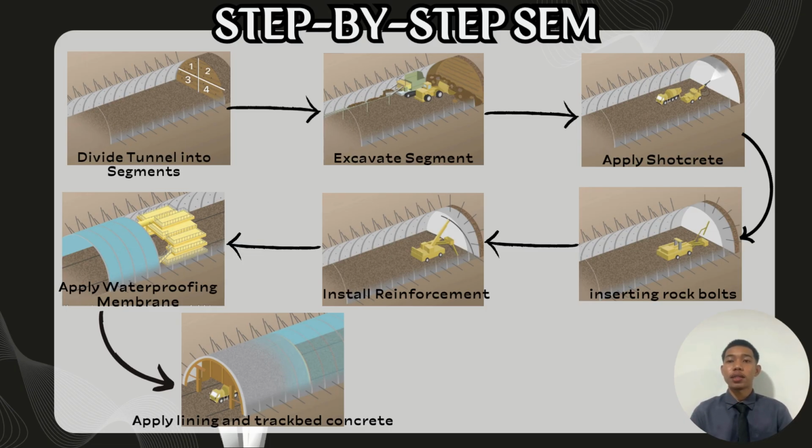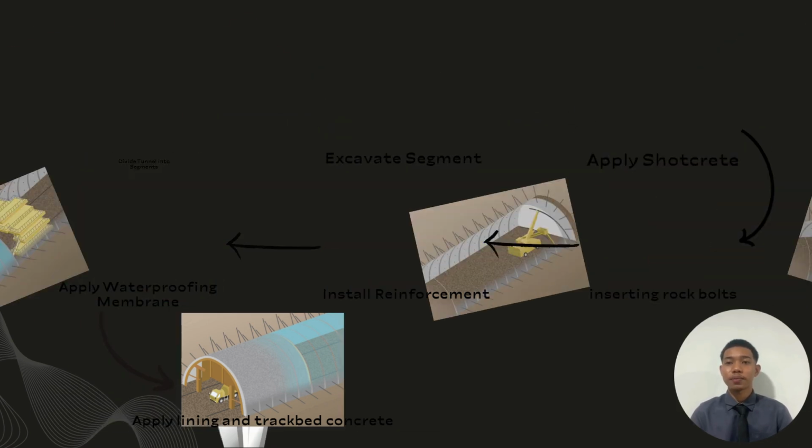Rock bolts are inserted to reinforce the ground and prevent collapse. Next, reinforcement such as steel mesh and rib support is installed. Next, a waterproofing membrane is added to protect the structure from groundwater. Finally, the lining and track bed concrete are applied using specialized rolling equipment. This sequential and layered approach ensures both structural stability and environmental safety.